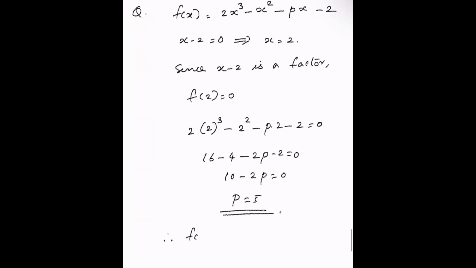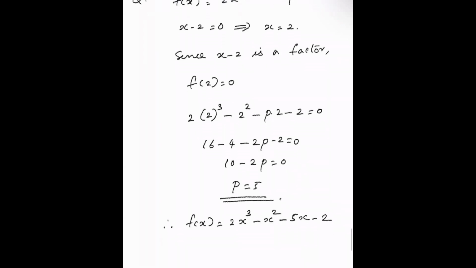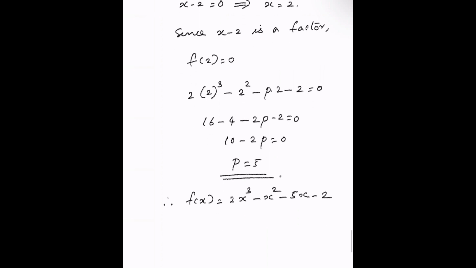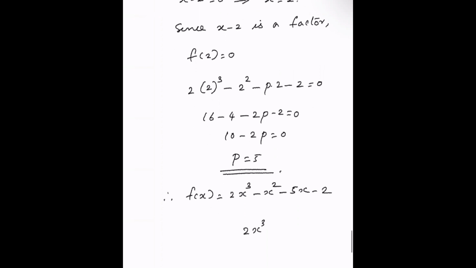Therefore, f of x is equal to 2x cube minus x square minus 5x minus 2. Now go ahead and divide by the first factor, which is x minus 2. So 2x cube minus x square minus 5x minus 2 divided by x minus 2.